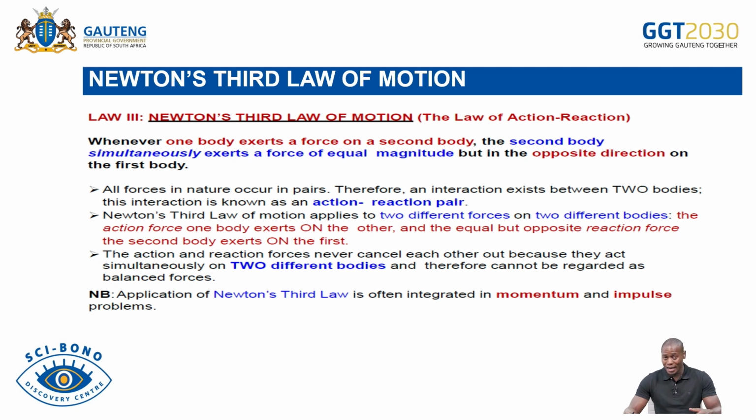So when it comes to the properties, what is important? One, the forces are equal in magnitude. Two, the forces act in opposite directions. But even if they are equal and act in opposite directions, you should know that those two forces are not exerted on the same object.